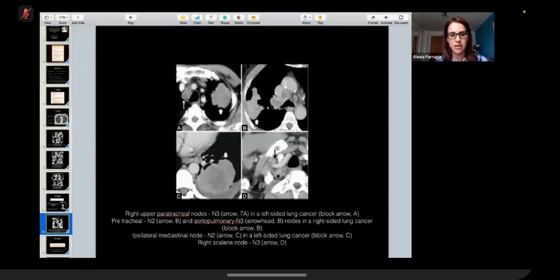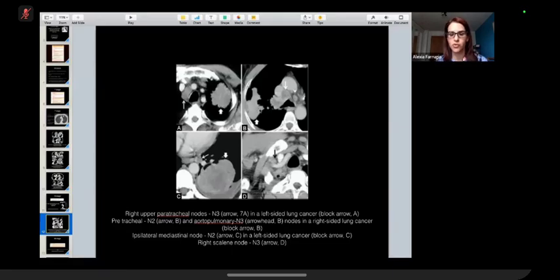So some examples here. There are right upper paratracheal nodes in this patient with a left upper lobe tumor. So these are N3 nodes because they are contralateral to the side of the tumor. So if we draw a line across the lateral left border of the trachea, these nodes are clearly contralateral to the side of the tumor.